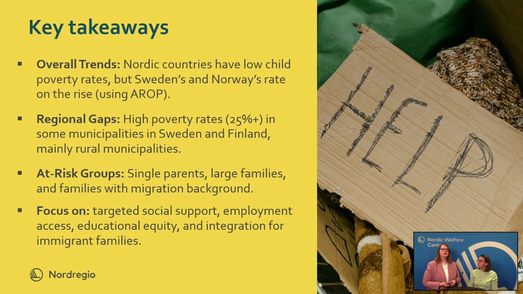For example, some municipalities where these rates exceed even 25% in Sweden and Finland, and these would be mainly rural municipalities. If we focus on specific groups that are at higher risk, of course, it's primarily households with single parents, large families, and families with a migrant background.